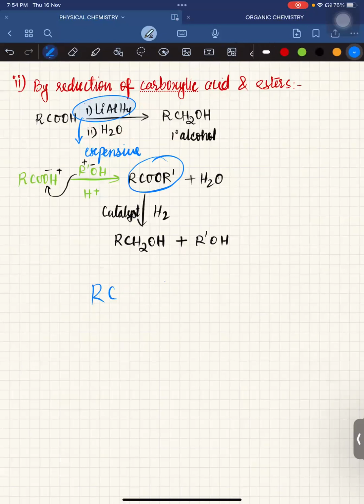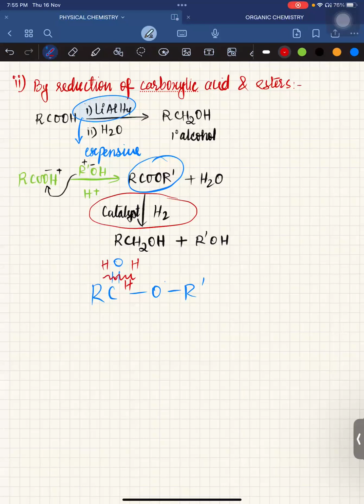By H2 in the presence of catalyst, this will be broken, hydrogen will be added here and here. Then this will also be broken, hydrogen will be added here and here.